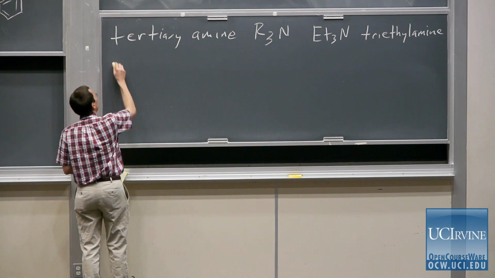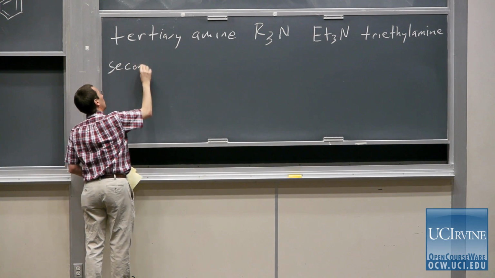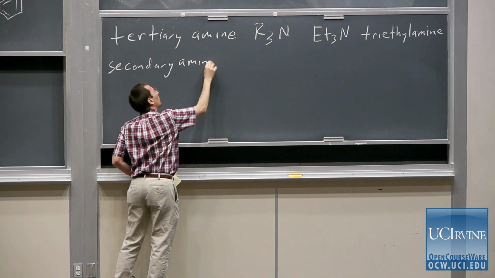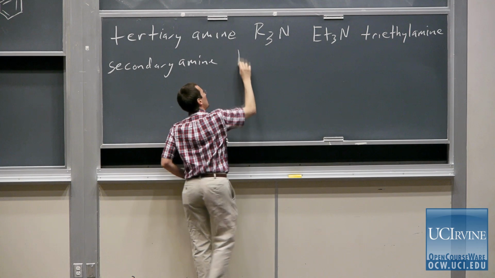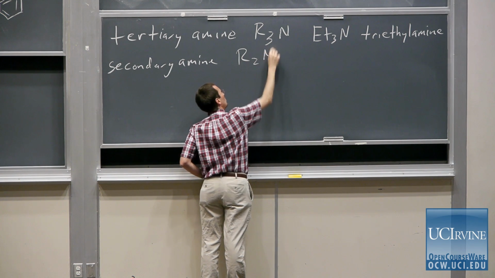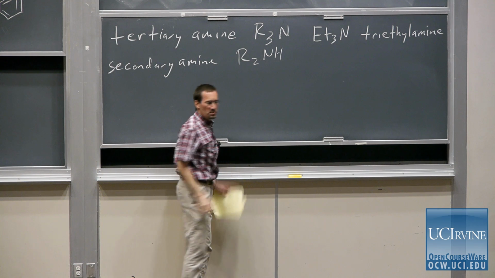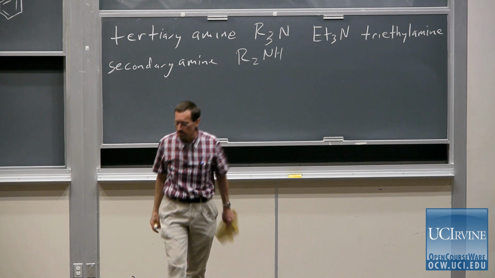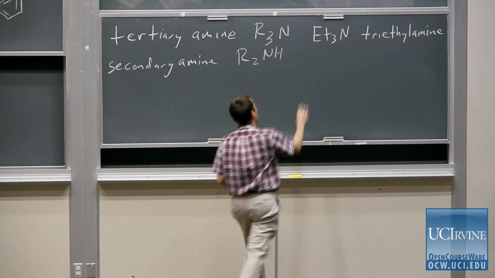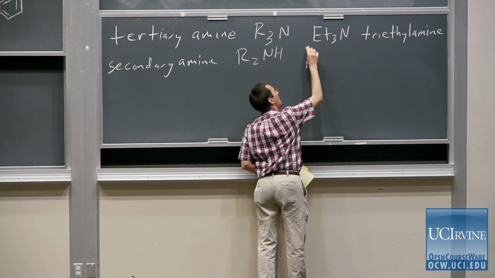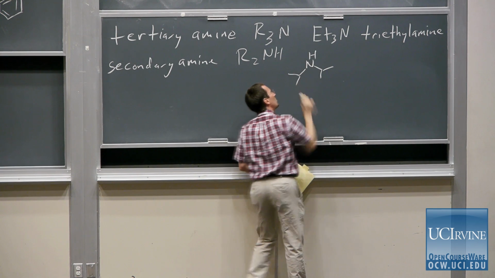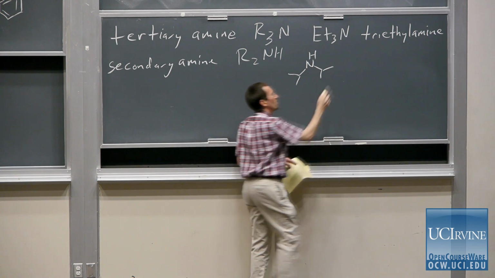A secondary amine, again, I'm not going to be so fussy as to say R prime or R1, R2, but you have 2 alkyl groups, 2 R groups on the nitrogen, 2 carbon-containing groups. We've used certainly again and again in our enolate chemistry this amine, diisopropylamine.